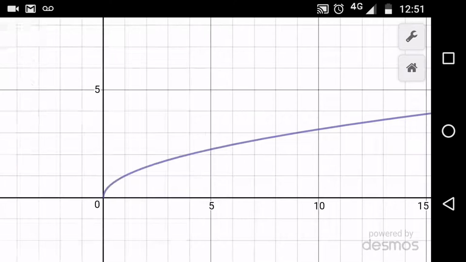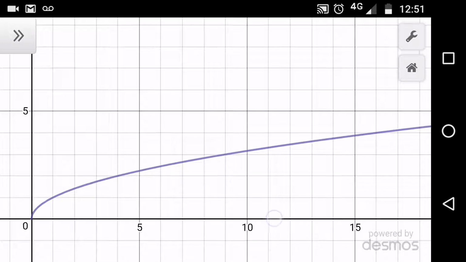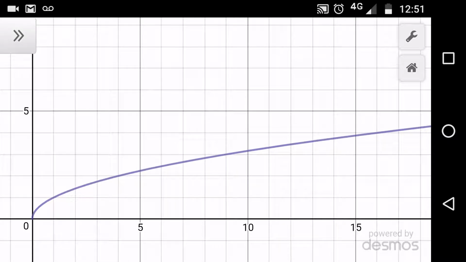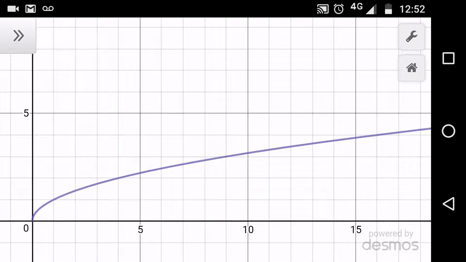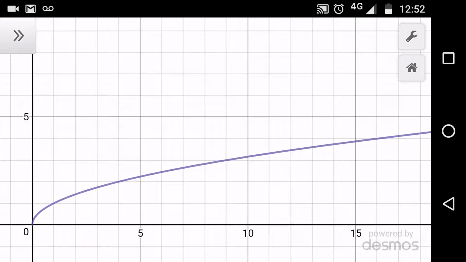And the basic radical function looks like this. It doesn't grow quite as much as a linear function because for x equals 1 you get y equals 1, but for x equals 4 you only get y equals 2.